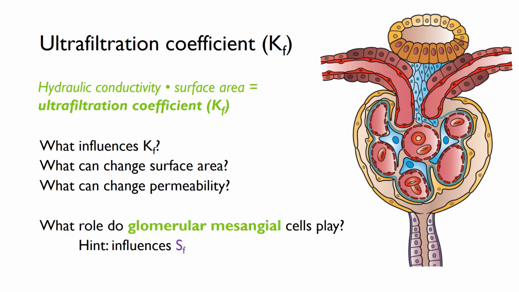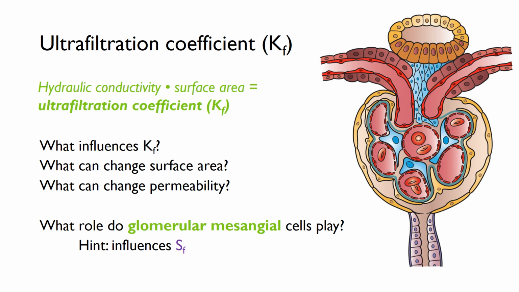You can also change the physical factors that contribute to glomerular filtration rate in terms of the ultrafiltration coefficient. Now recall a couple slides back, we defined the ultrafiltration coefficient as the hydraulic conductivity, or the kind of leakiness of the endothelium, times the surface area. So if you change either of those, you can change the ultrafiltration coefficient and therefore the glomerular filtration rate.